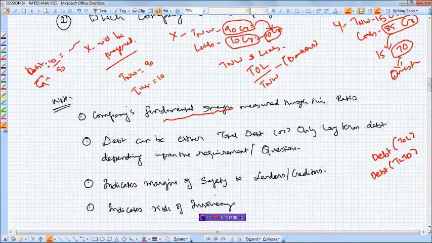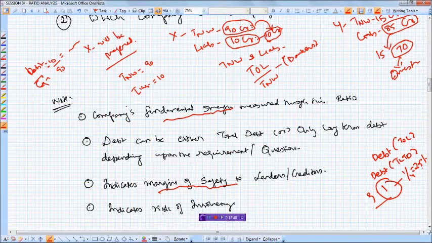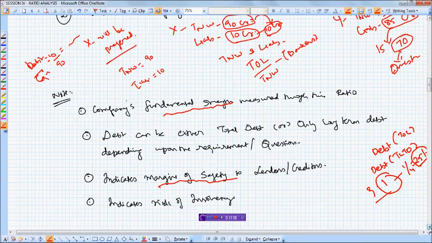And this ratio indicates the margin of safety to lenders. To what extent are lenders safe? If I say the ratio is 3:1, lenders are safe to the extent of 1 by 4, which is 25%. 25% security is available. Okay. And this ratio indicates the risk of insolvency.